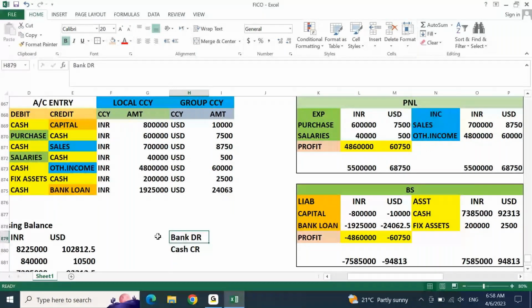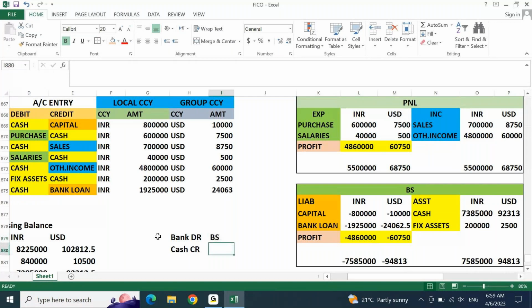It is only going to impact the balance sheet, because bank is which account? P&L or balance sheet? Balance sheet. Cash, balance sheet.